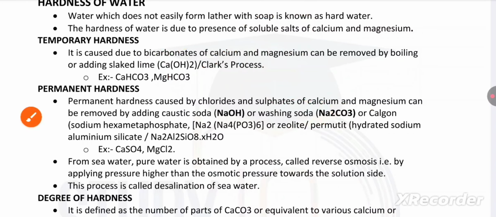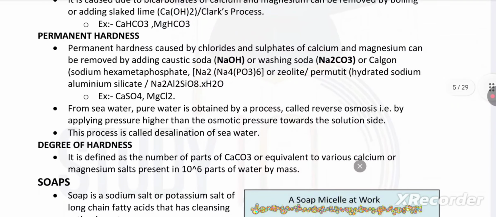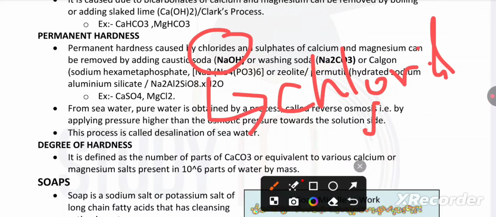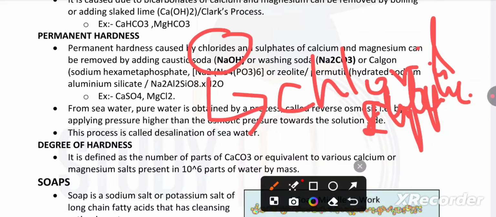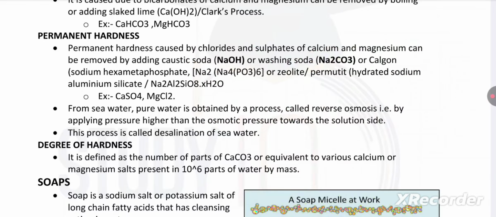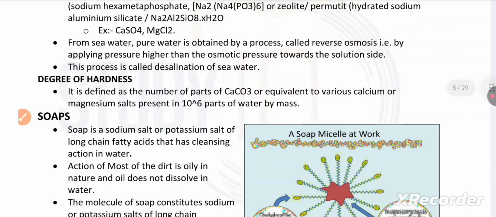Here permanent means chlorides and sulfates. Some of the examples are CaSO4 and MgCl2, magnesium chloride and calcium sulfate.